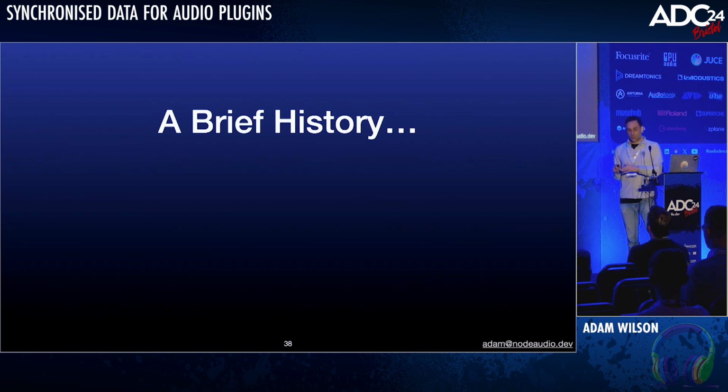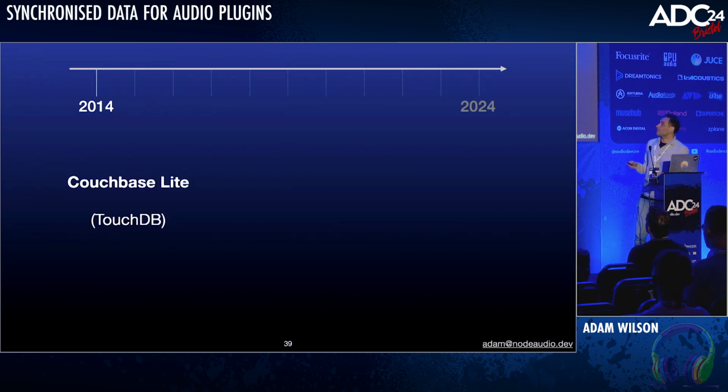I'm going to give you a brief history of my research into this area over the last 10 years. It all started in 2014, 10 years ago, when I was working on my mobile app. It's called Internal Tuner. It's a microtonal tuning app, and I wanted to have a database that one day would synchronize with a plugin that I was going to build, which took me about 8 years to actually get to build.